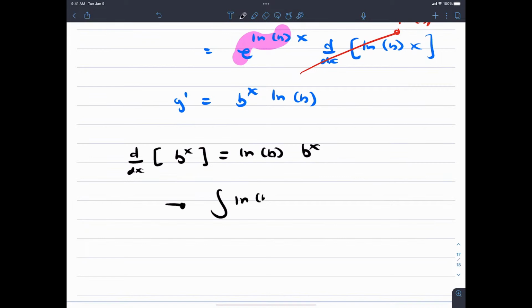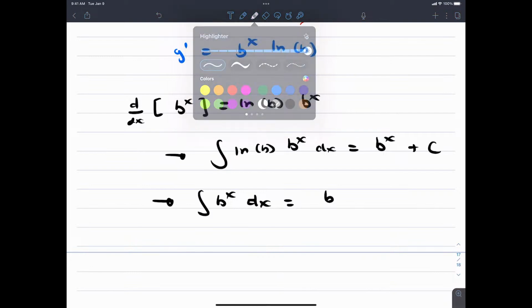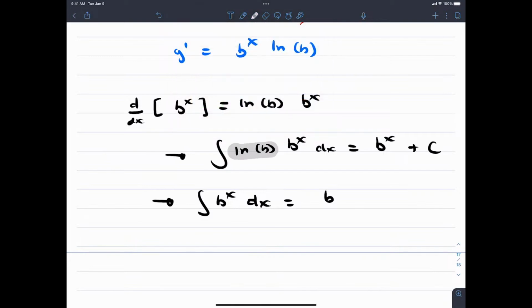It means the integral of natural log b times b to the x dx is b to the x plus c, which means the integral of b to the x dx, if I pull out my constant, because this is a constant, right? And I divide both sides by that constant, maybe you want to see every detail.